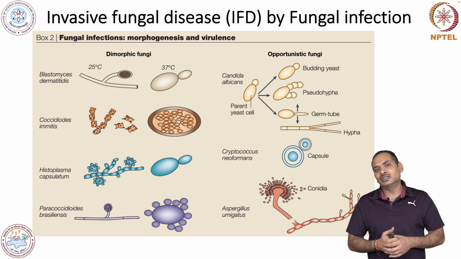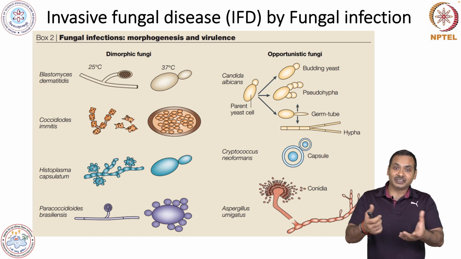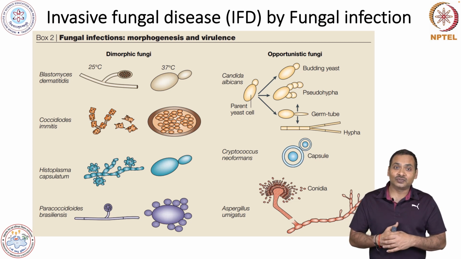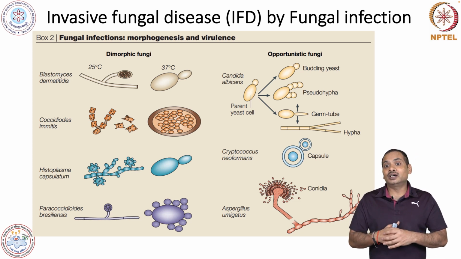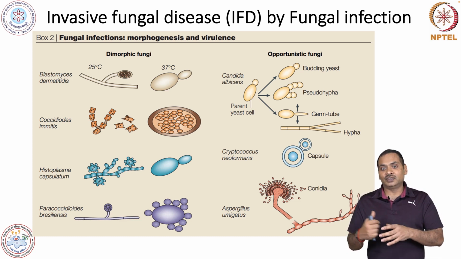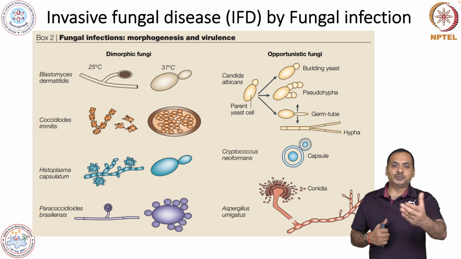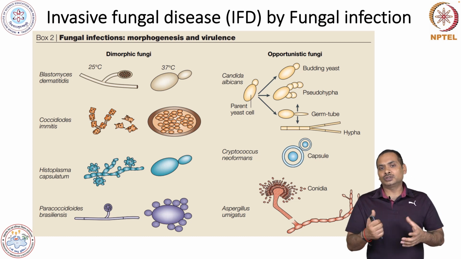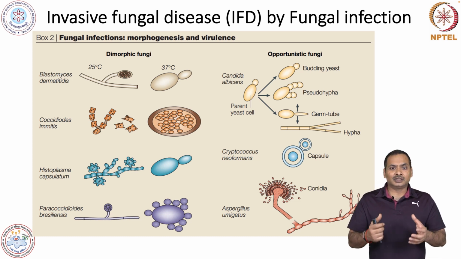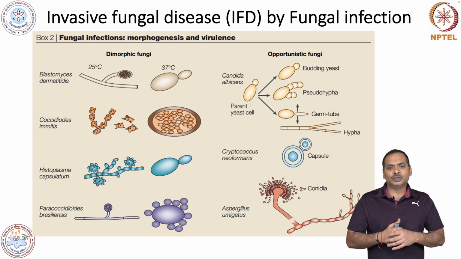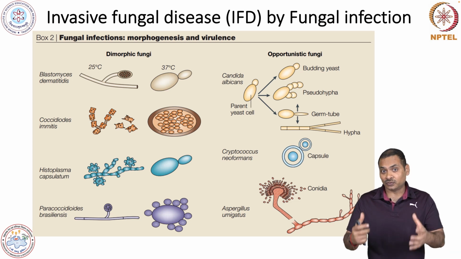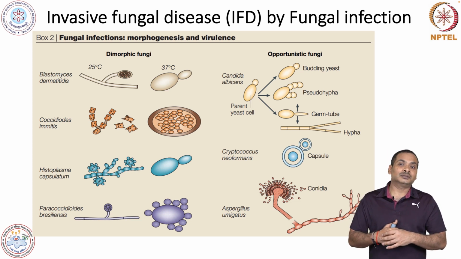Here you can see that Candida albicans can be present in various forms: the budding yeast form, the pseudohypha form, and they can make a germ tube or hypha with septa. Cryptococcus neoformans also makes a spore with a capsule. Aspergillus fumigatus can also make a different form of fungus.